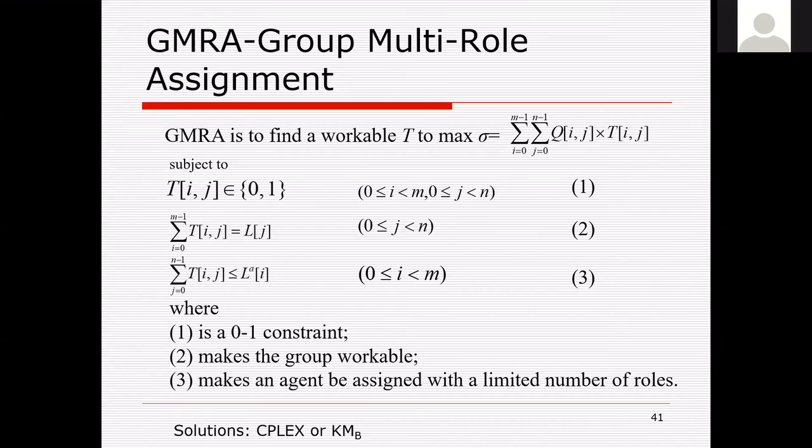Even the Hungarian algorithm, or Kuhn-Munkres algorithm, cannot solve this problem efficiently. So we have to use CPLEX, the IBM ILOG CPLEX optimization platform, or use the programming API, the program interface, to write Java programs and solve it.